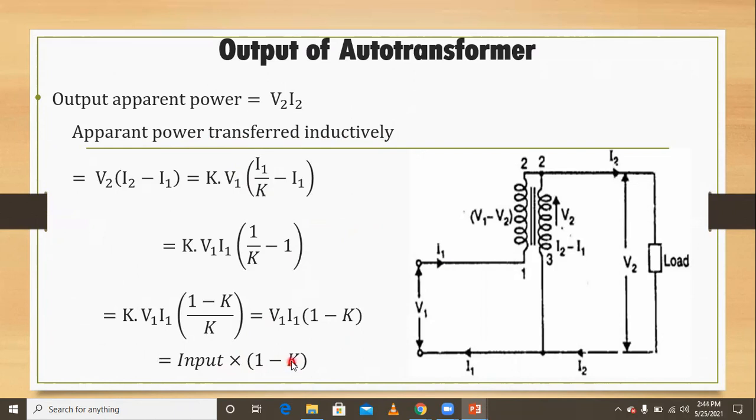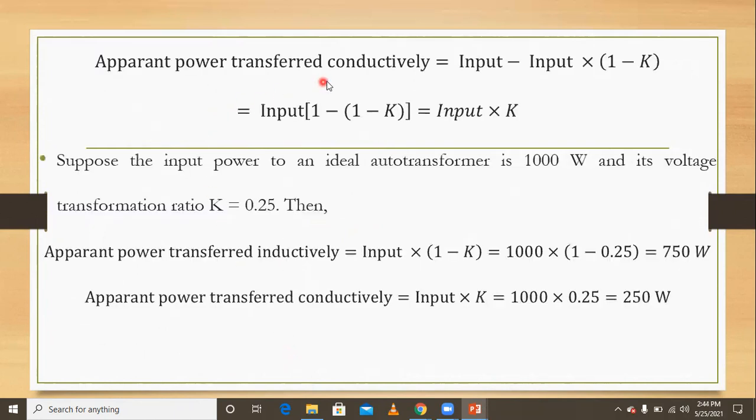Next, the apparent power transfer conductively is equal to input minus the apparent power transfer inductively. The remaining power is nothing but the conductive power. By subtracting the apparent power transfer inductively from the input, you will get the apparent power transfer conductively.